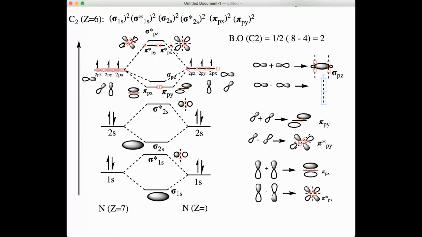So therefore, this is going to be something like this. And the opposite.